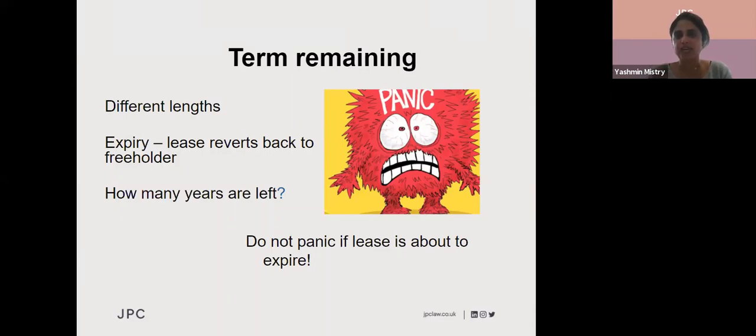Rather than having to repeat the description of the flat, it's just defined as flat, and ground rent will be defined. It's essentially a key at the beginning which defines the terms used in the lease, so you don't have to keep repeating it. So, does that answer your question? Okay, I think that answers the question.